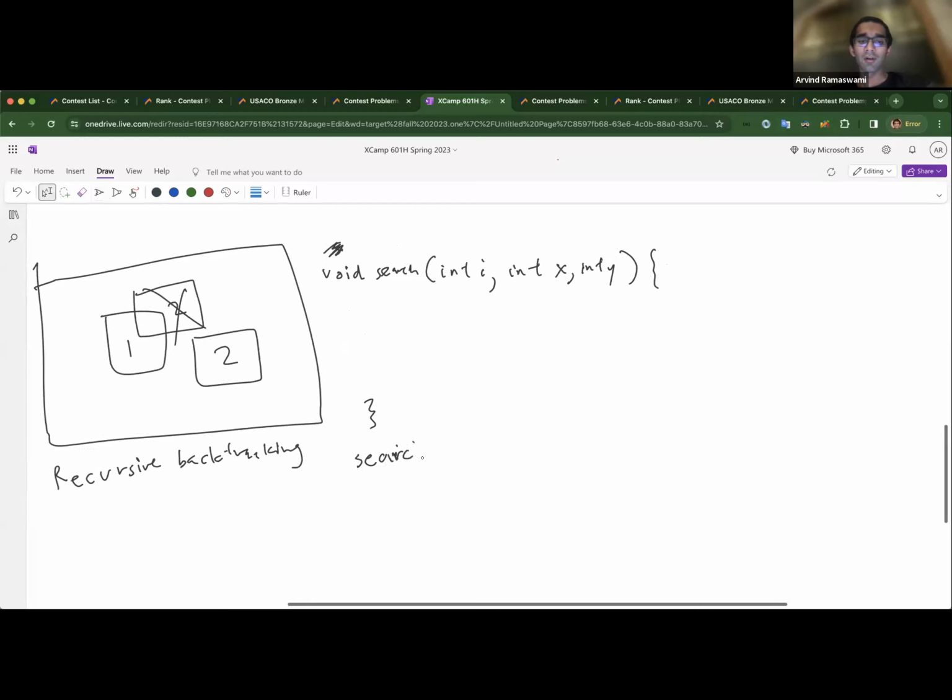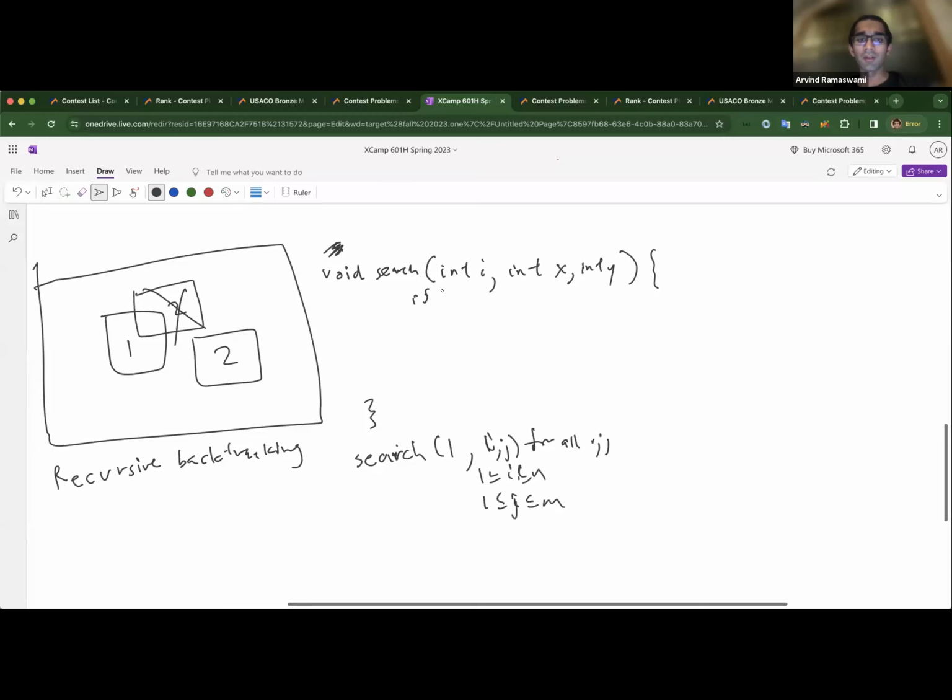You're calling it with argument, like you want to place index 1 first, and then for all i, j where 1 ≤ i ≤ n, and 1 ≤ j ≤ m. What the search does is consider different cases.